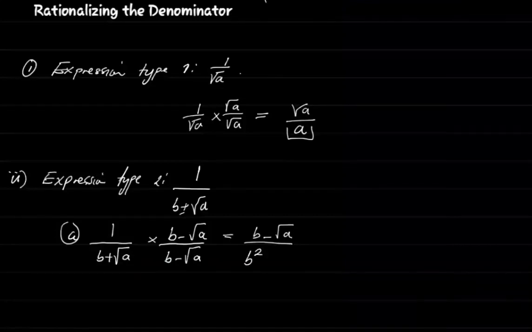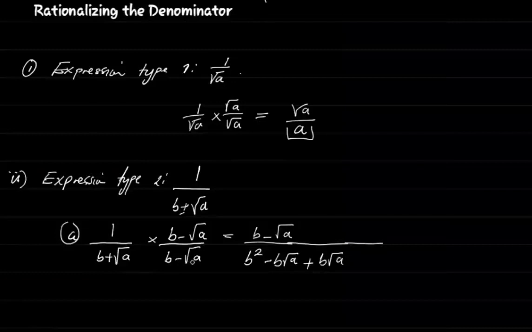Negative a. Let me write it also so that you see. b times root of a will be negative b root of a, plus b times root of a, b root of a.